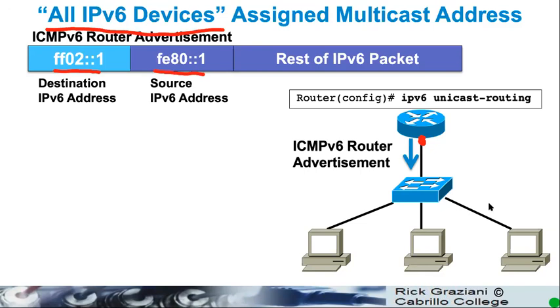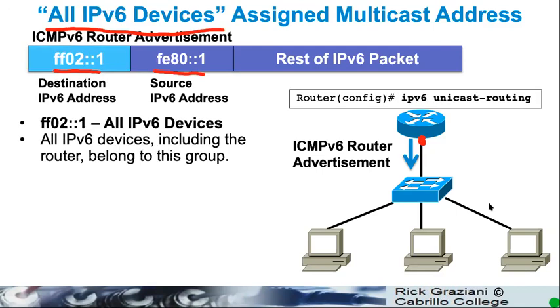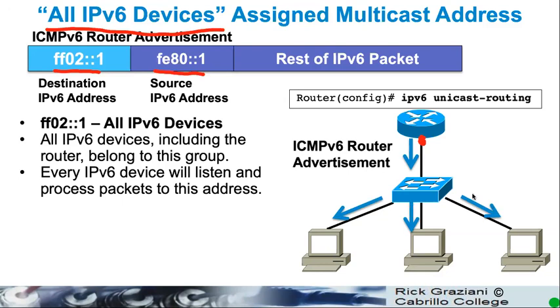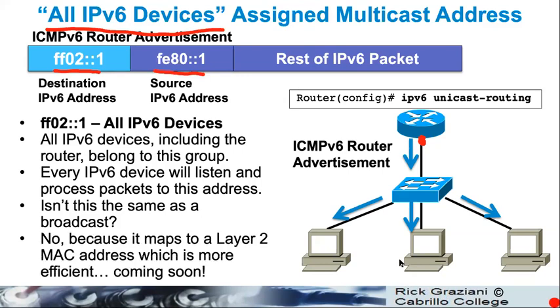So who's going to see this? It's actually going to be sent out to all devices, and all devices will process it. Is this the same as a broadcast? The answer is really no, because we're going to see here, when encapsulated in an Ethernet frame, its Ethernet destination MAC address is not a broadcast, but a multicast.